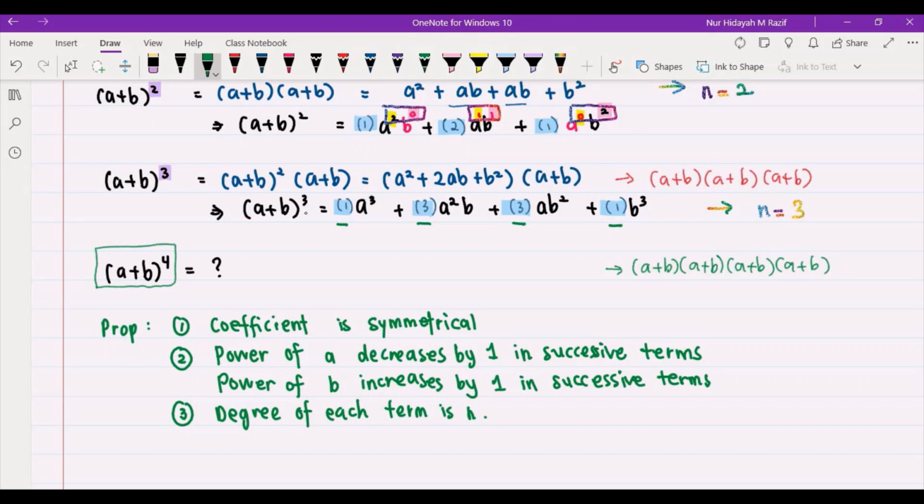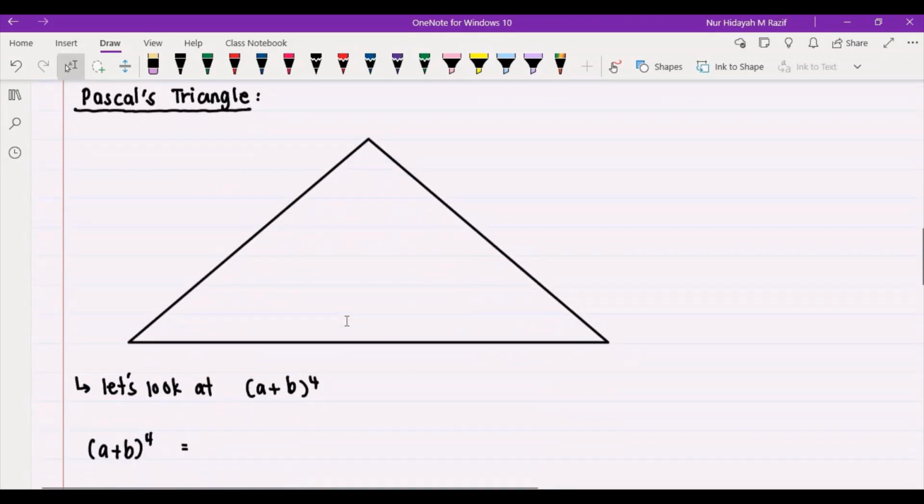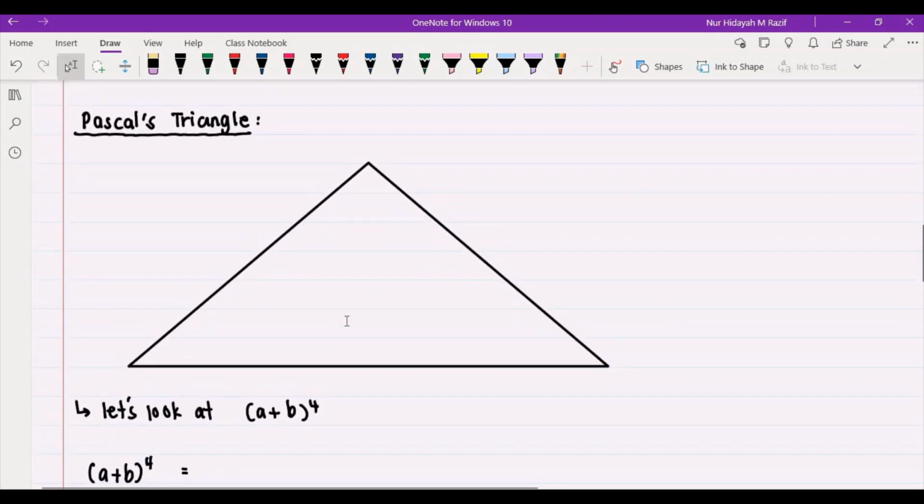Now, after we have found the properties, we can now proceed with the simpler method, which uses Pascal's triangle. So what is Pascal's triangle? I have drawn a triangle here. So again, we are going to start with n is equal to 0, and we call this row 0.